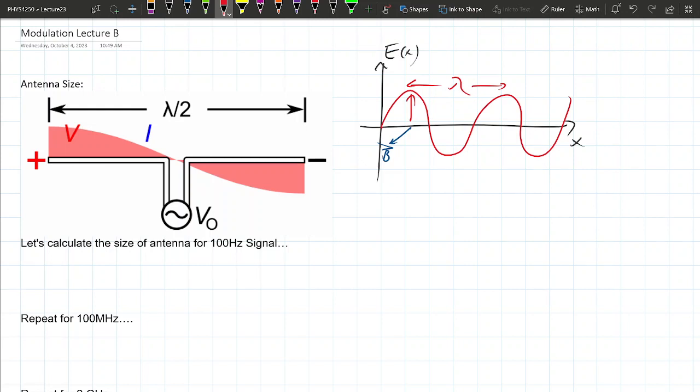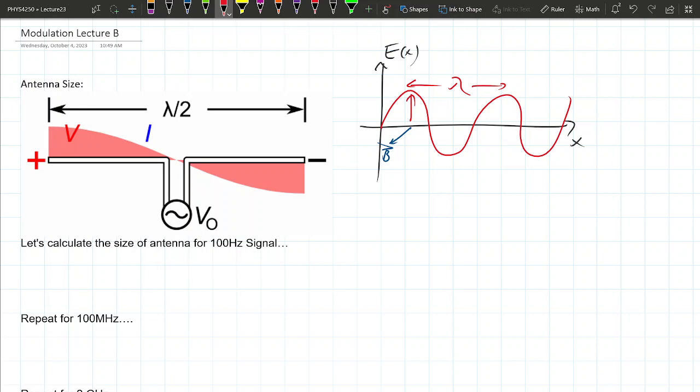In order for an antenna to pick up the signal, one side of the antenna has to be at the peak of the electric field and the other side in the trough of the electric field. That allows you to maximize the amount of electric field you measure, going from peak to trough, or what these devices call the peak to peak value.